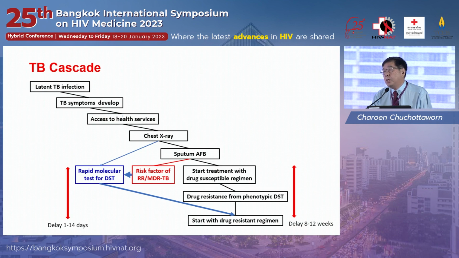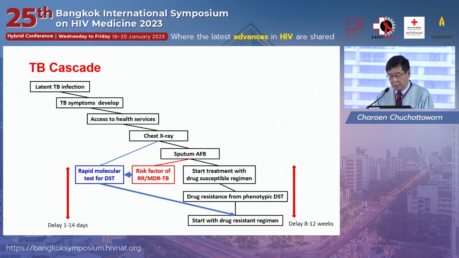Usually, we use the X-ray to screen the patient and to give diagnosis. And in the programmatic management of tuberculosis, most of the guidelines in the old days were based on culture DST, culture drug susceptibility testing, to diagnose drug-resistant TB.